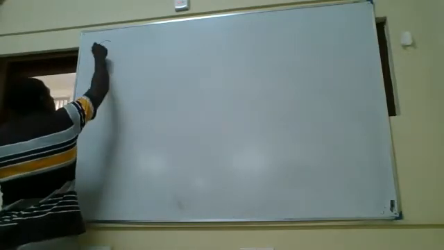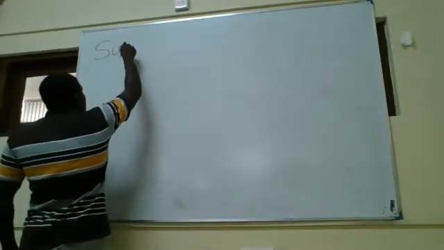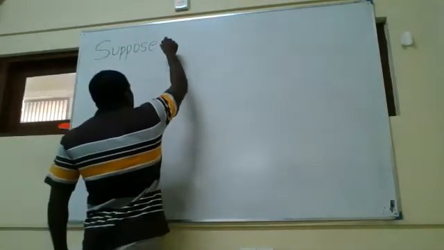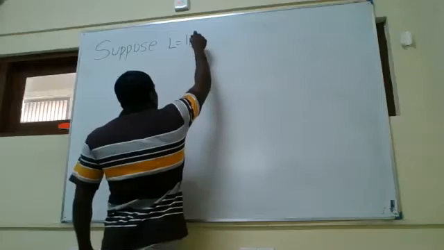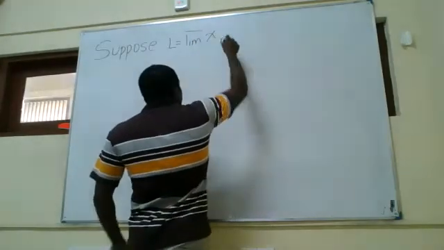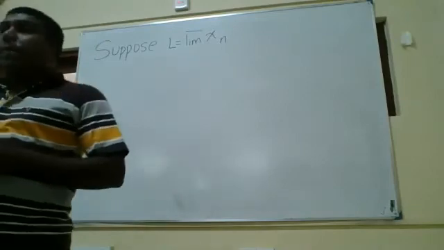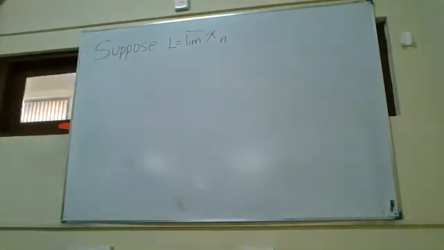So let's say L is the upper limit. I am starting with this. So the upper limit of xn is equal to L. Then what I want to show is that L minus epsilon is less than xn for infinitely many n, and L plus epsilon is greater than xn for all n after a certain point.